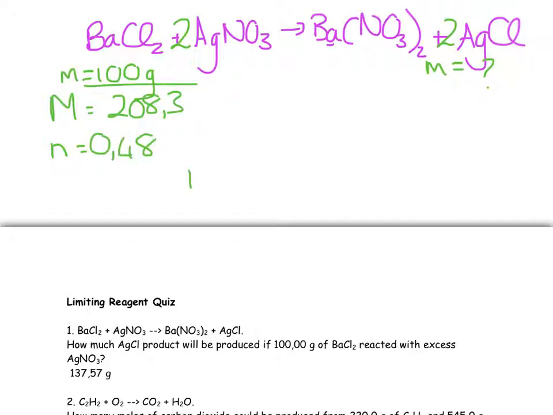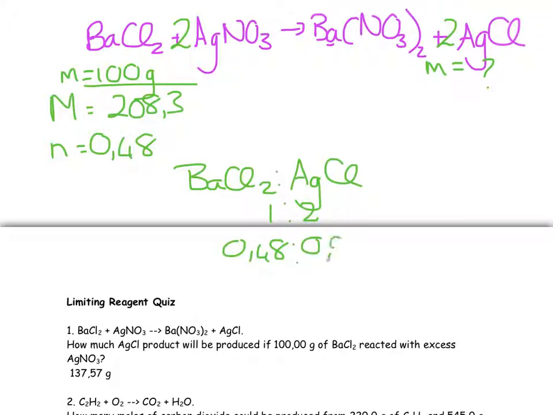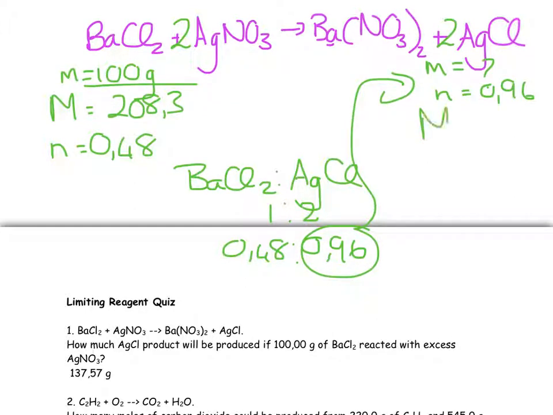And then I need to set up a relationship between barium chloride and silver chloride. And that is a 1:2 relationship, so 0,48 needs to be doubled to 0,96. I then take that 0,96 up to the top here, number of moles 0,96, and molar mass of silver chloride is going to be the 108 of silver plus 35,5 of chlorine, and I land up with 143,5.